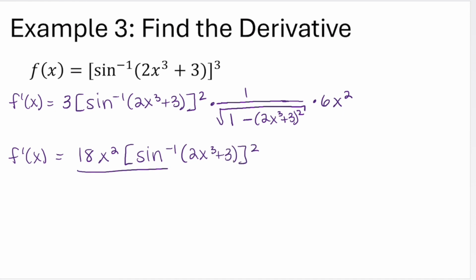And then I'll have that square root of 1 minus that squared. And that's about all I can do as far as simplifying that one down.